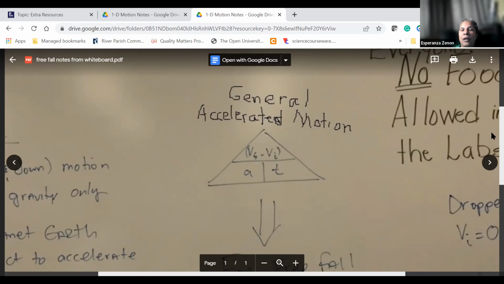Okay. What if I want V final minus V initial? Then I cover that up and I multiply A times T. What if I want T? Then I have to cover up the T and I take V final minus V initial divided by A. Why?